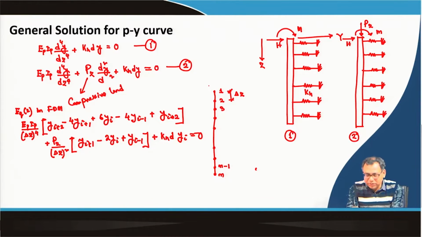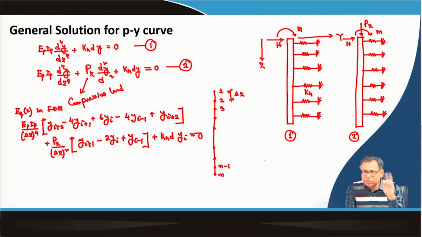If I want to use this equation at node number 2, one imaginary node will be required. Similarly, if I want to apply this equation at node number n, 2 imaginary nodes will be required, n plus 1 and n plus 2, and for node n minus 1, 1 imaginary node will be required.